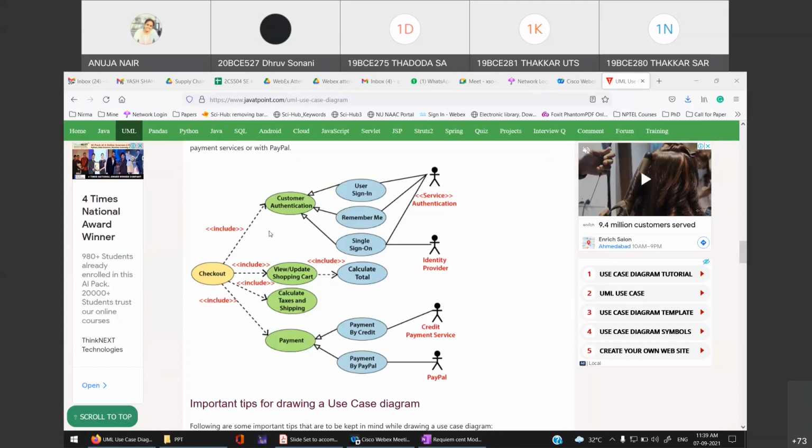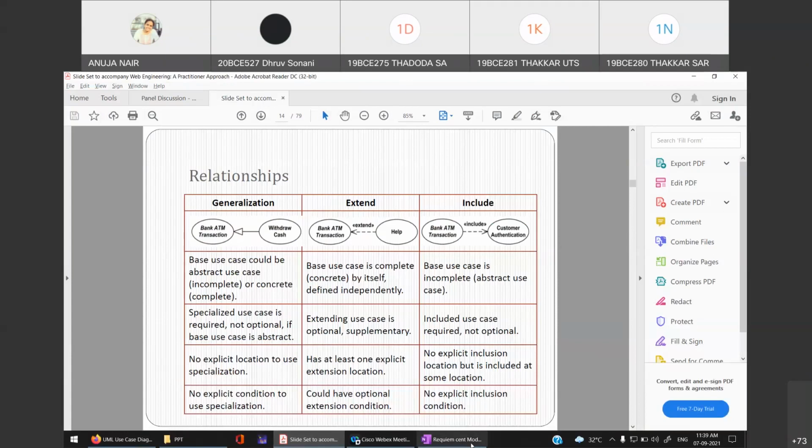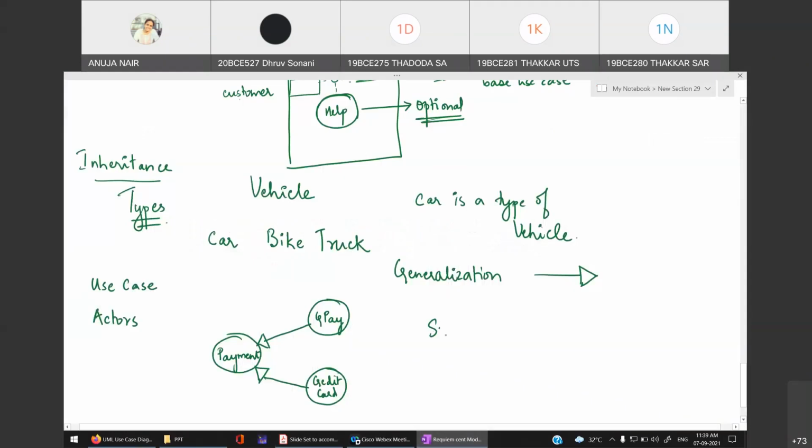UML diagrams are also called system models. UML means unified modeling language, and unified modeling language is object oriented. So whatever concepts are applied in an object-oriented language, the same concepts would be present when you are drawing a diagram as well.